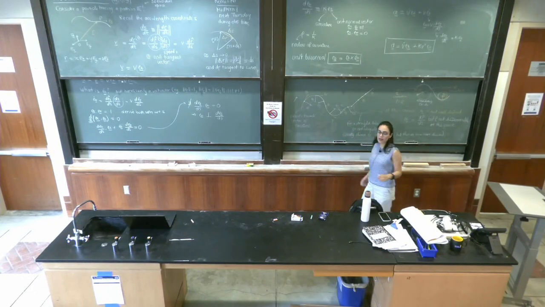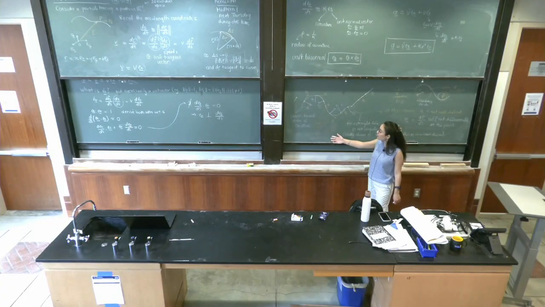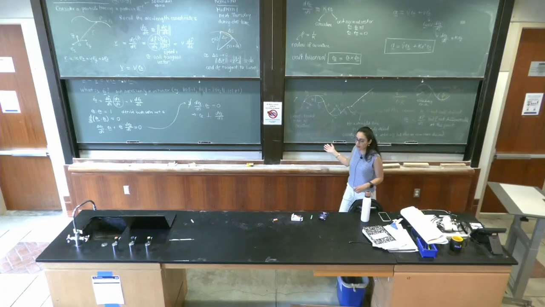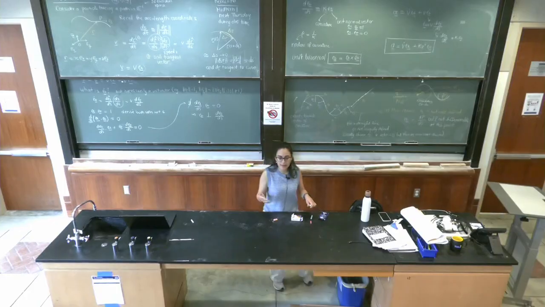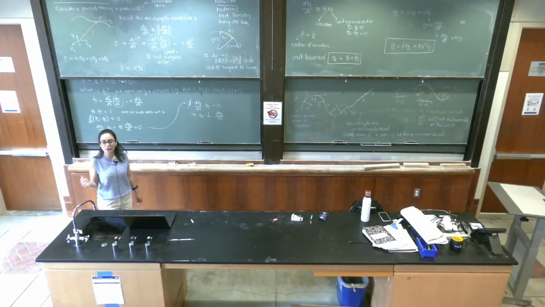So what's the inflection point? It's when the second derivative is equal to 0, right? So here, at the inflection point, the second derivative of the curve is equal to 0. This means that dET by ds is 0. So En is also not uniquely defined at inflection points.